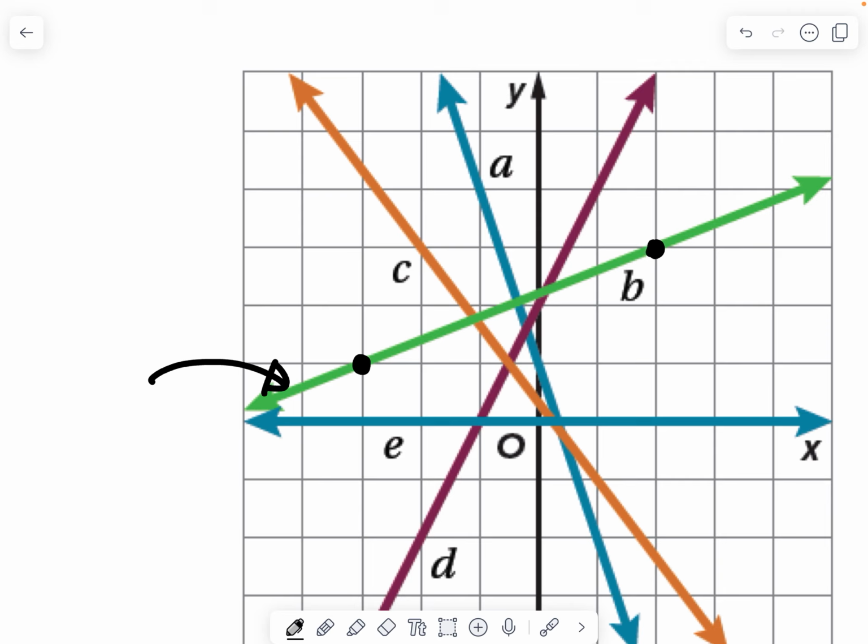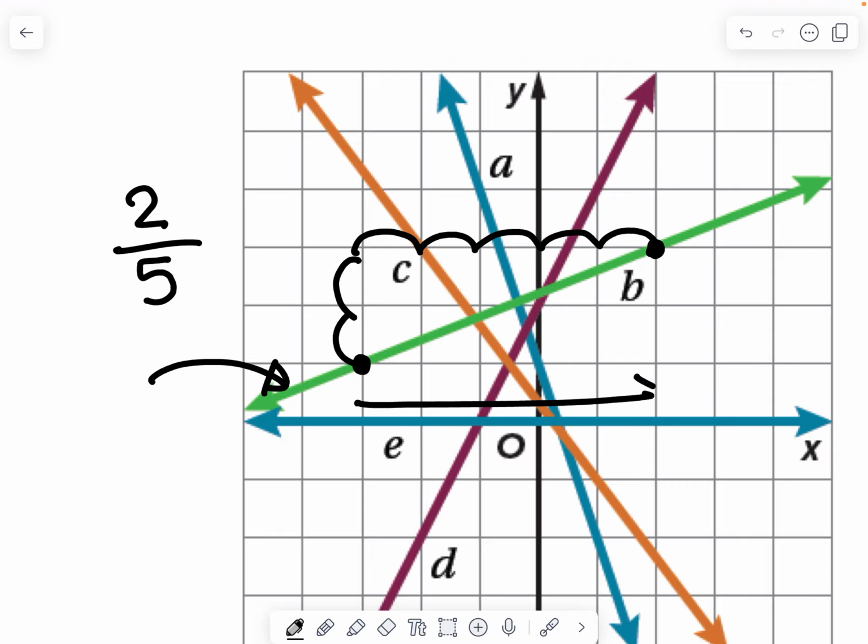Rise and run, we go up 2 and then over 5. Our slope is 2 over 5. Remember, we always go from left to right. If we were to go down and then over, it would be a negative slope. So whenever a line goes down when we're going left to right, it's a negative slope, okay?